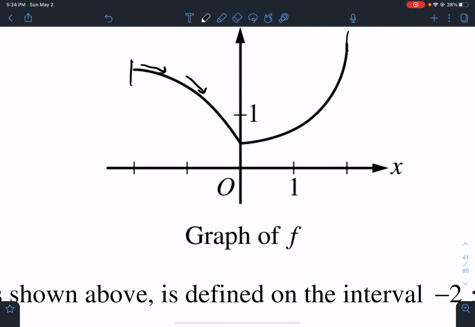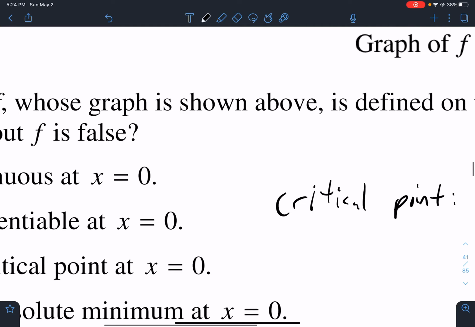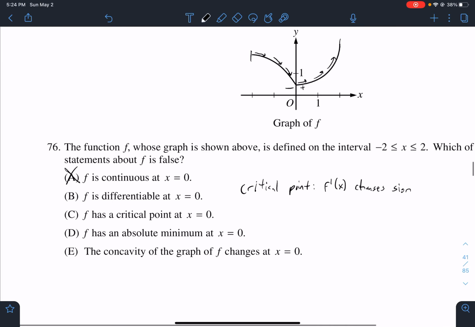So f prime is going to be negative, it's decreasing. So it's minus on this side, but on this side it's going uphill. It's increasing, so it's going to be a plus sign. So there is a critical point at x equals 0. We can find that from the graph, so it's not C either.